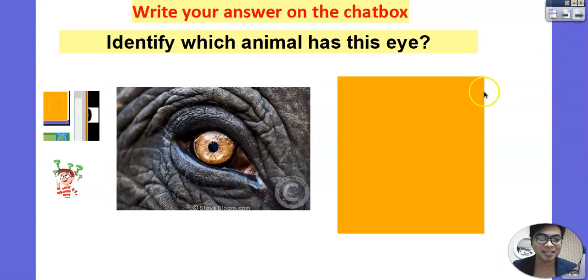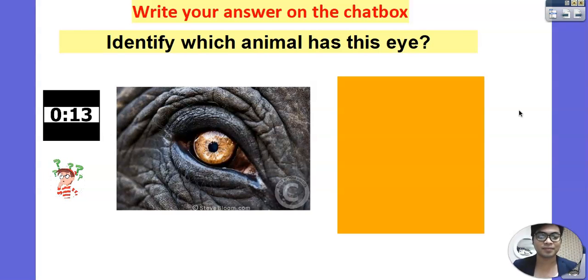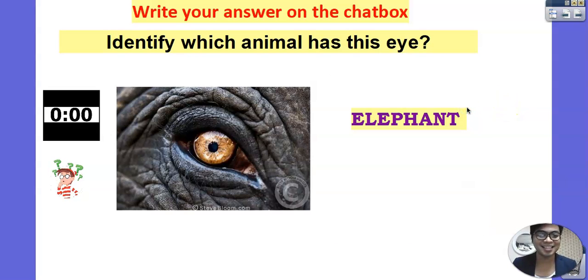Here's the next question. Can you guess what it is? Take a look. Did you get it correctly?